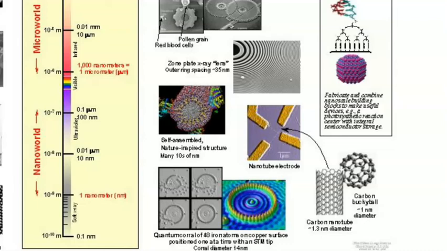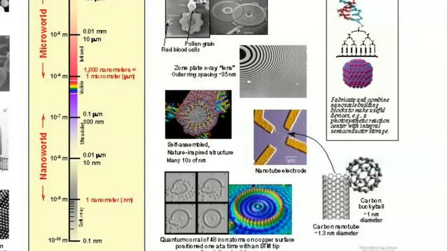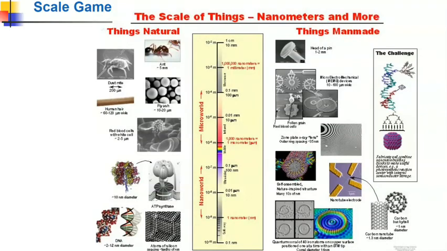In the lowest image you can see the quantum coral of 48 iron atoms on a copper surface. So you are basically able to manipulate these iron atoms on the copper surface. This is just for an understanding purpose, that both kinds of things are available in the nano range.